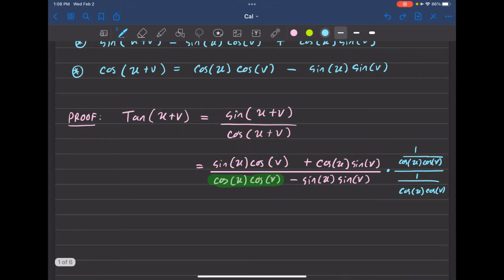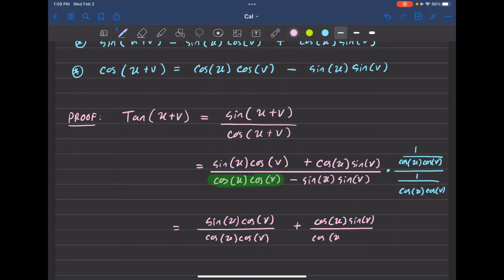So by distribution, we get sine u cosine v over cosine u cosine v, plus cosine u sine v over cosine u cosine v. Think about it this way: you have this factor, and it goes into this term and that term, and the same thing on the bottom.